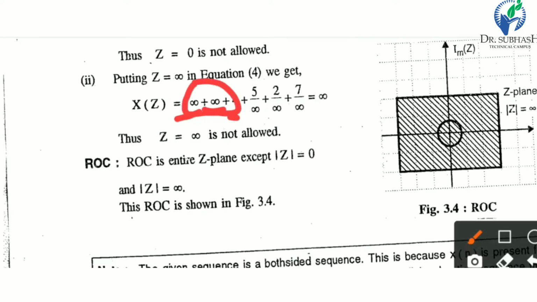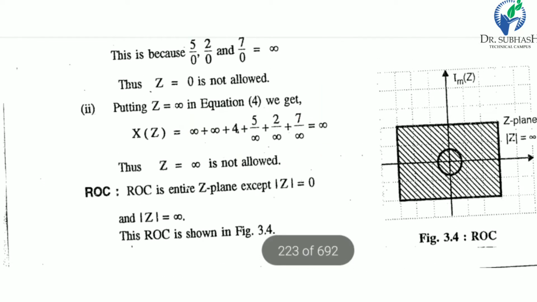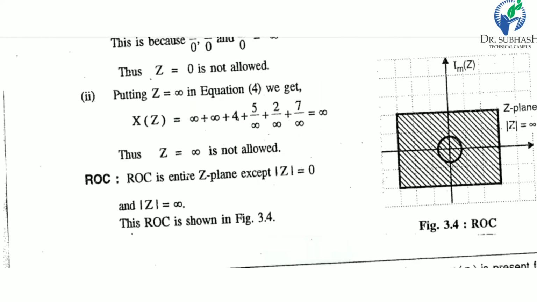Infinity plus any value is infinity. So we get x of z equal to infinity. So here also we are not getting a finite value. So z equal to infinity is not allowed.